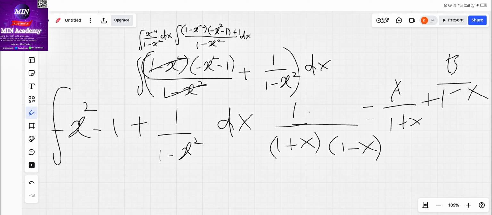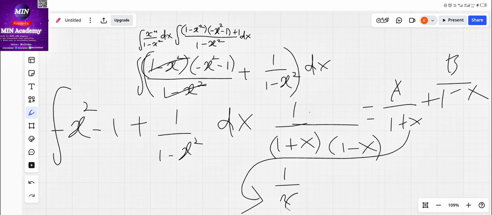Using the principle of partial fractions, which I'm not going to explain in this video, maybe in some other video, we are left with a over 1 plus x plus b over 1 minus x. When we solve for a and b, a is equal to half and b is equal to half.